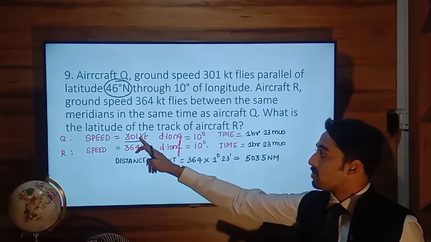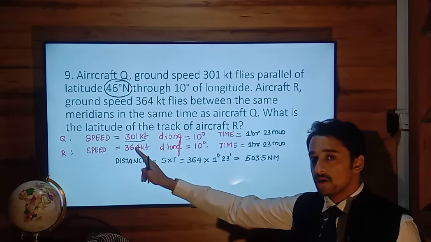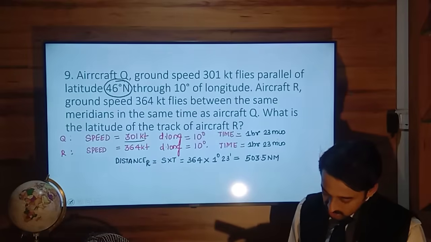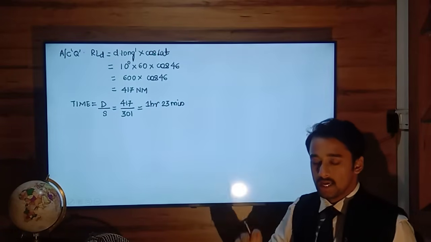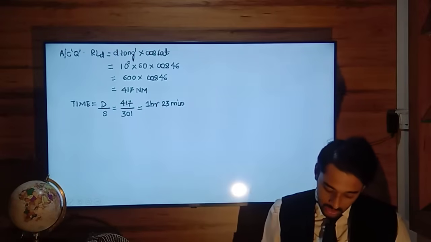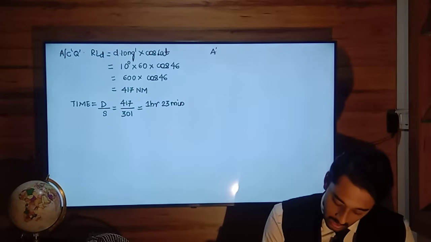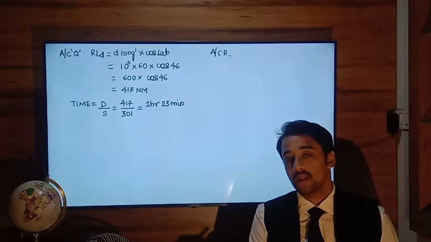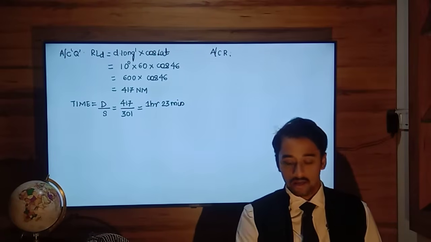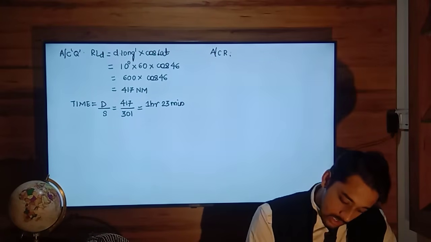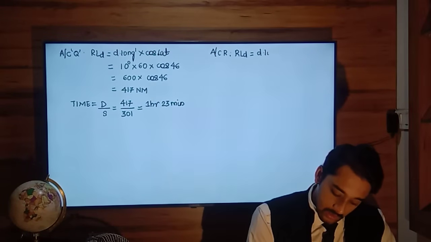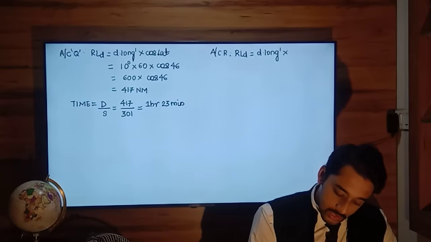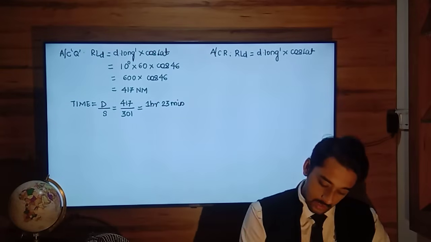And the distance covered by aircraft Q at a slower speed of 301 knots was 417 nautical miles, a little less than that. So for aircraft R let's use the rhumb line formula. Using the rhumb line formula, you will easily get the latitude. Rhumb line distance equals d long times cos of latitude.